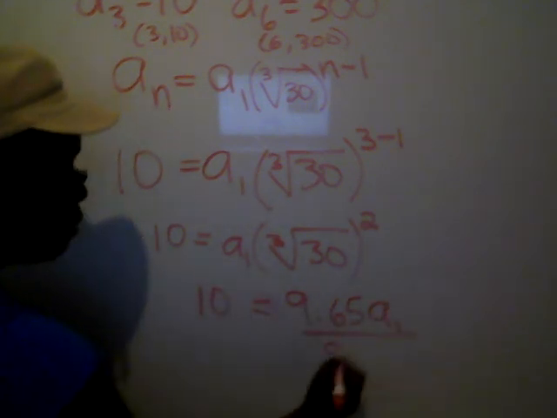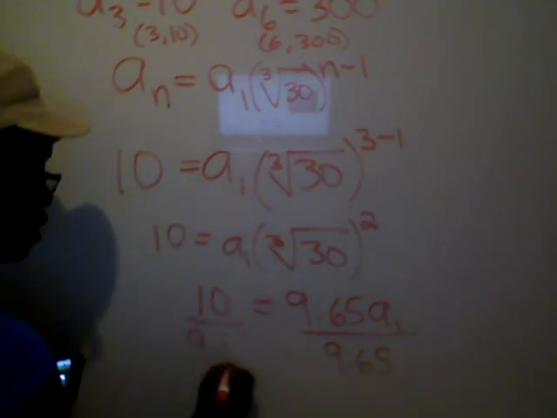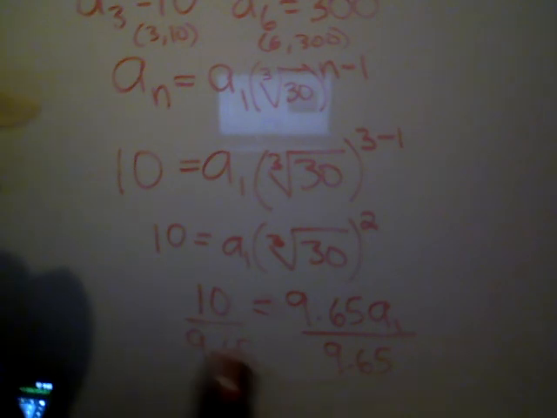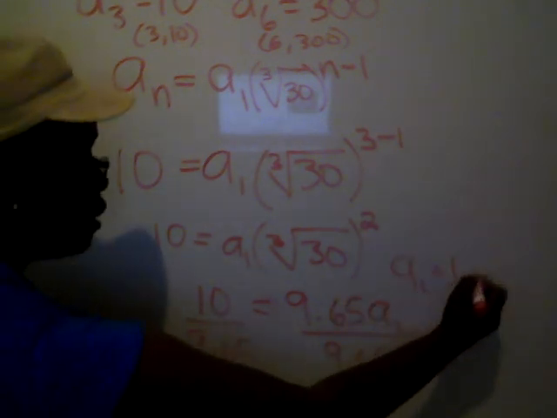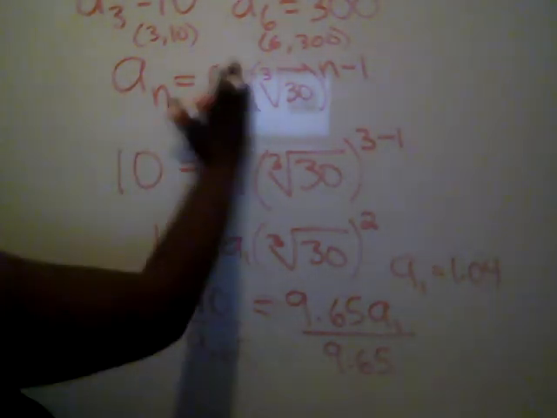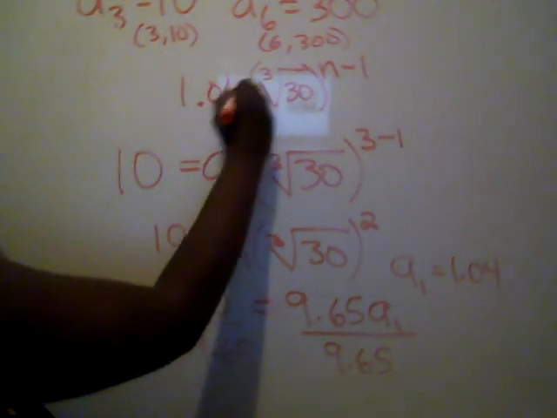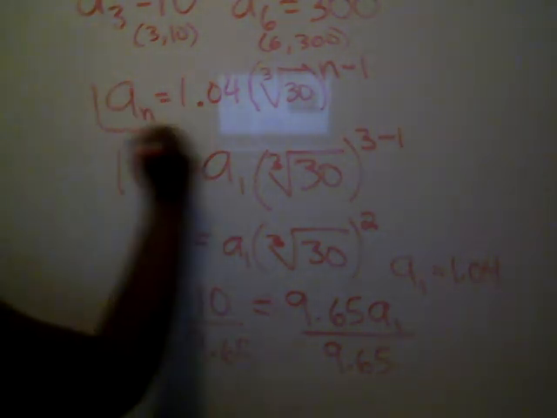We would divide by 9.65. So then the answer would be a1 is about 1.04. So then what we can do there is replace the a1 with 1.04. So that would be our final equation.